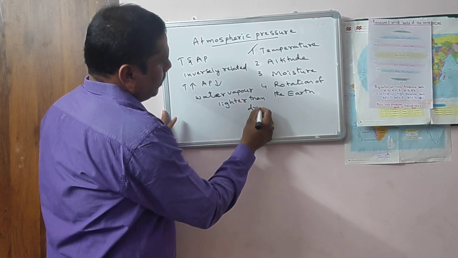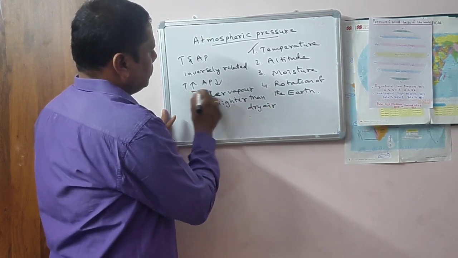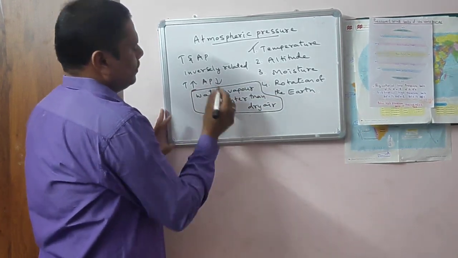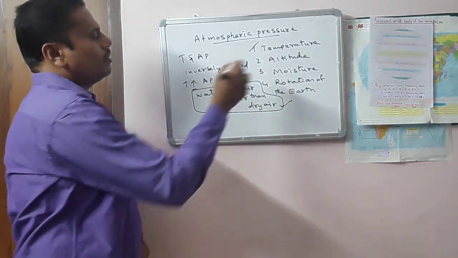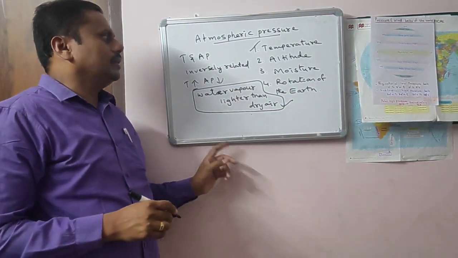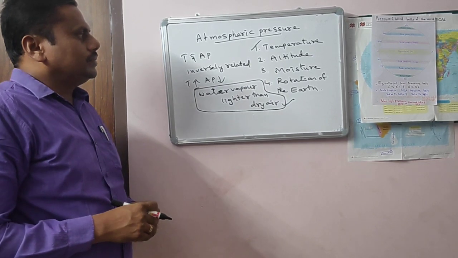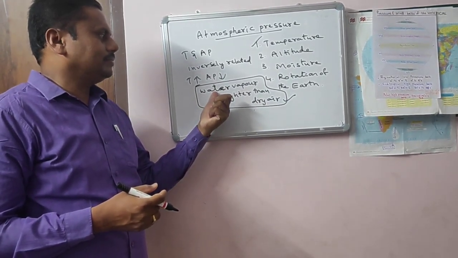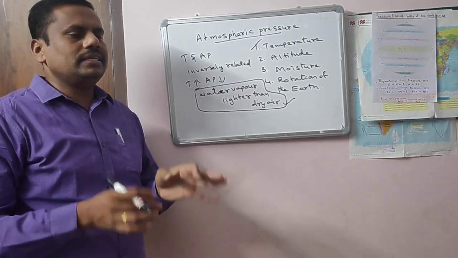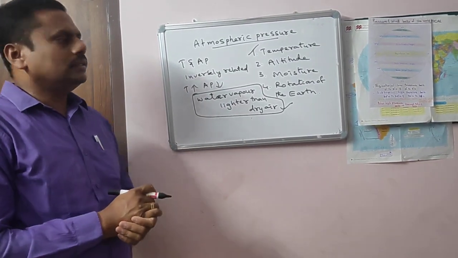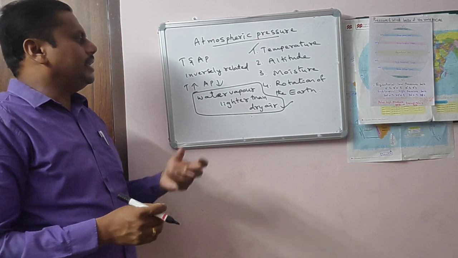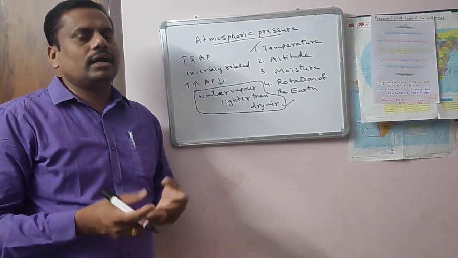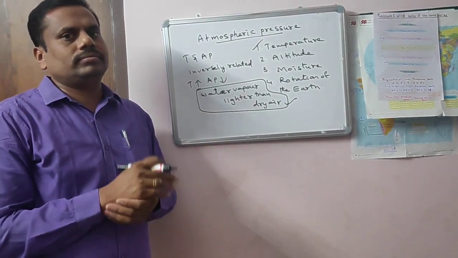Observe this important point. Whenever you understand this point, automatically you understand this. So, if air contains more water vapor, atmospheric pressure is less. Whenever air contains less water vapor, atmospheric pressure is more.